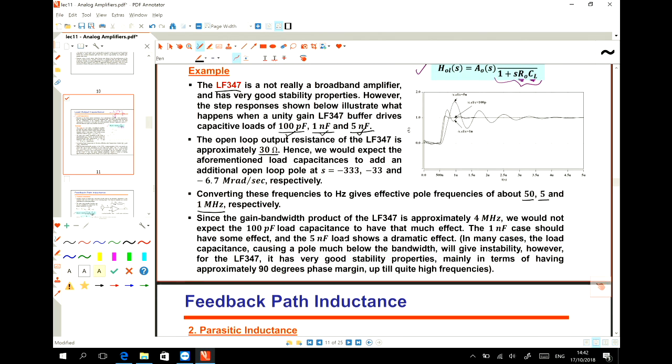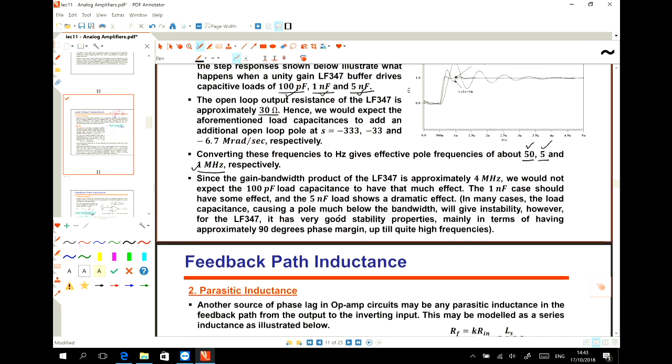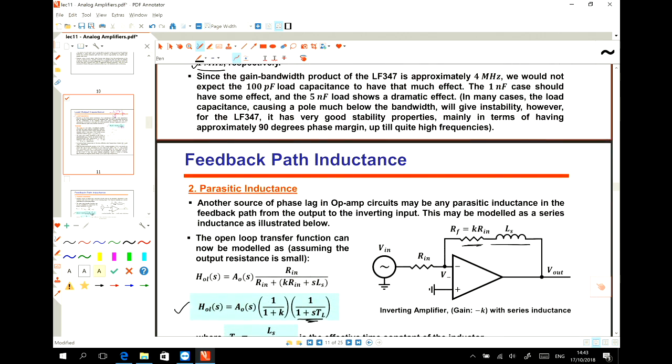So based on these values, you see that we can have poles at the frequency of 50 megahertz, 5 megahertz, or 1 megahertz. And higher capacitive load means lower position of the pole.